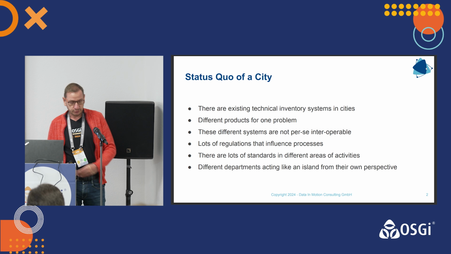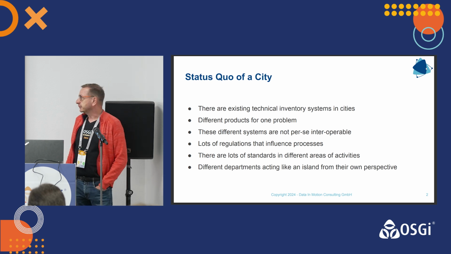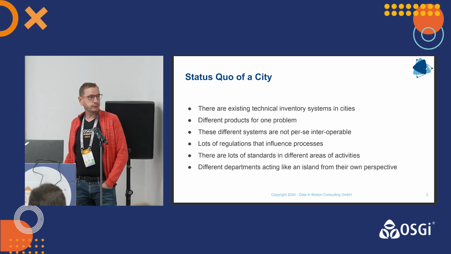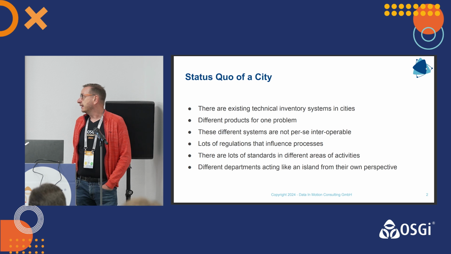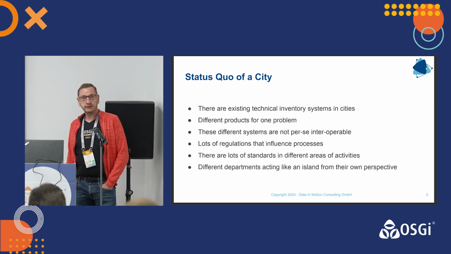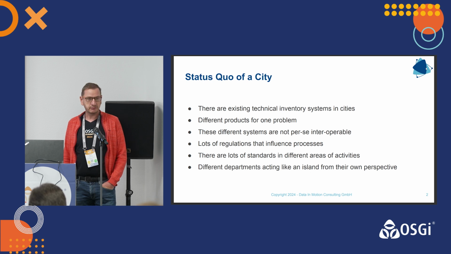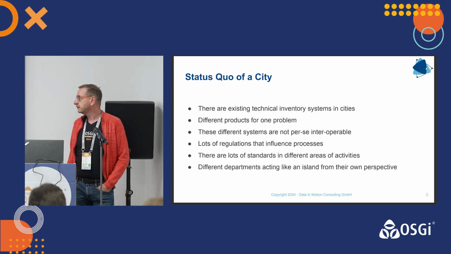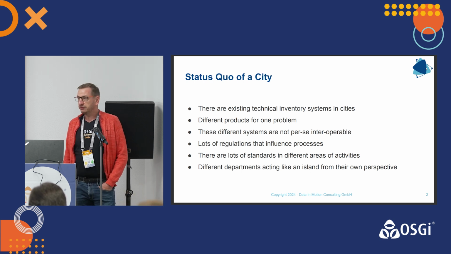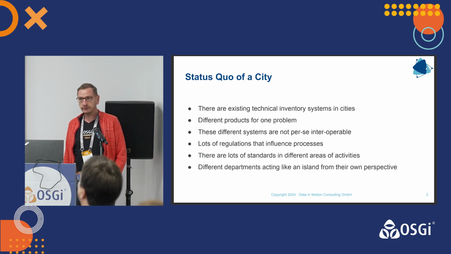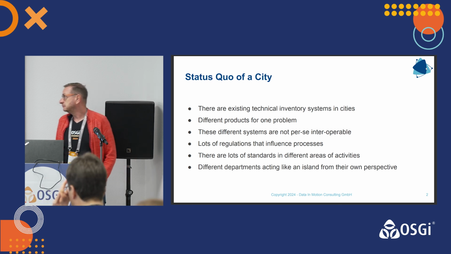But at first, I want to take a look into a smart city. What is the status quo of an ordinary city? We have many existing inventory systems in such a city. We have lots of departments, each with their own software, own processes, own infrastructures.